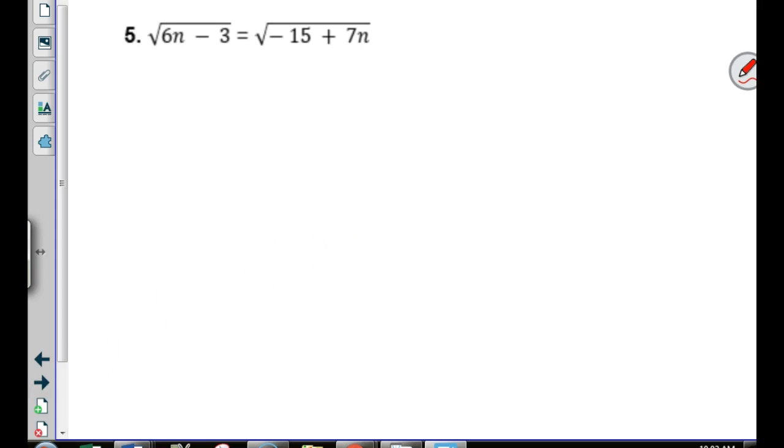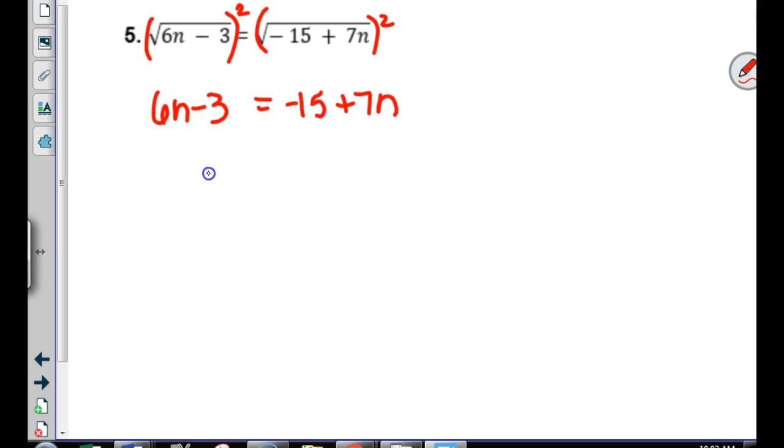Number 5. Square both sides, and it's going to be a happy moment because everything goes away and we get 6n minus 3 equals negative 15 plus 7n. Let's see if I add 15 over here and subtract 6n this way, would that be okay? So I'd have what, 12 equals n?